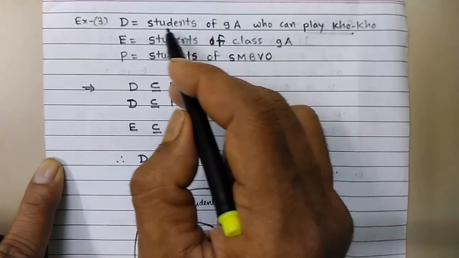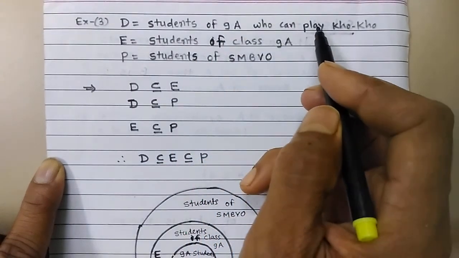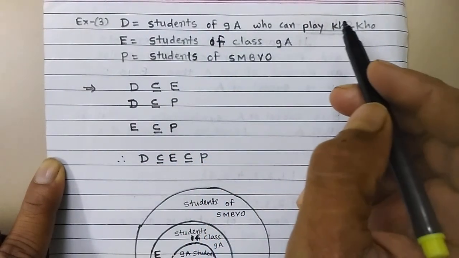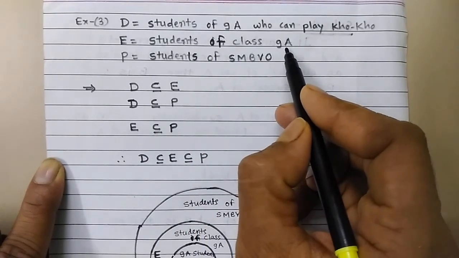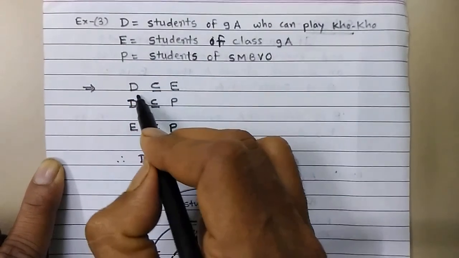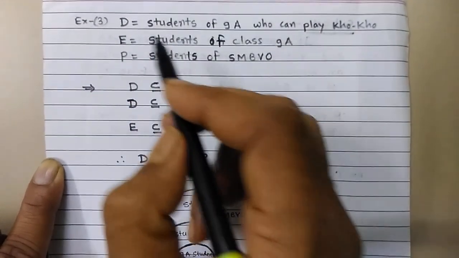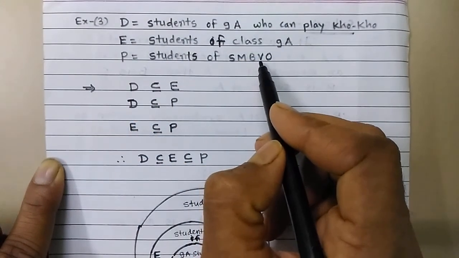Now, D is the set of students of 9th A who can play Kho-Kho. It is a small team, a small set from 9th A. That's why D is a subset of E. And this team is from Sri Mahatma Bashveshwar Vidyalaya.